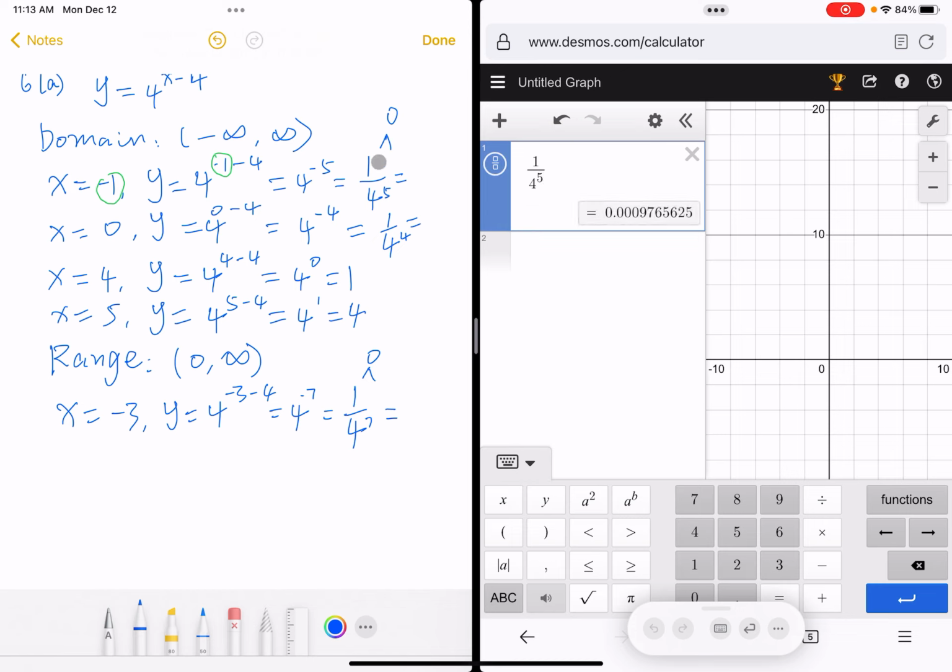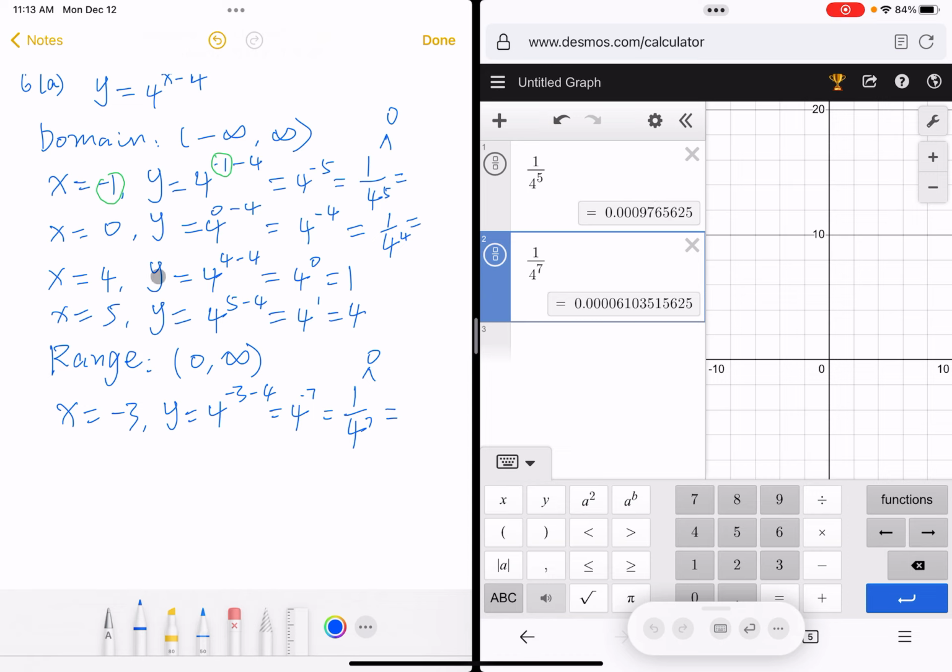You see the value here, 1 over 4 to the 5th power, this value. You may also do 1 divided by 4 to the 7th power. You can see this number is even closer to 0. This number is smaller than that.